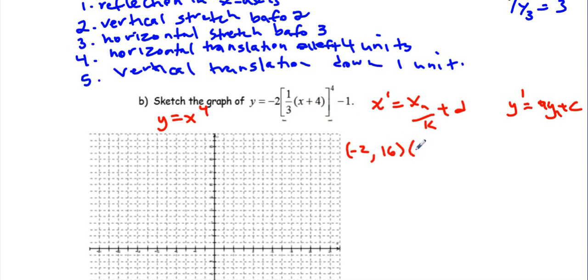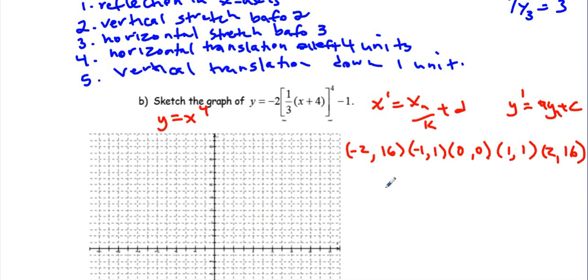When I put in -1, I'm going to get positive 1. When I put in 0, I'm going to get 0. When I put in 1, I'm also going to get 1, and when I put in 2, I'm going to get 16. Okay? So use those 5 key points for y equals x to the 4th. If this was y equals x cubed, you would use the same x values, and then you would just generate the corresponding y values for that.